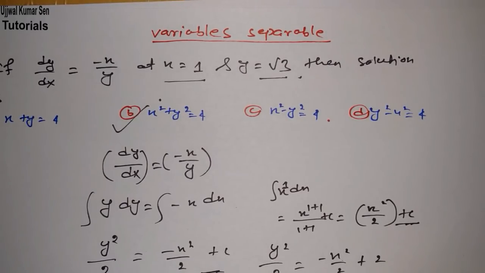If you are preparing for such an examination, you need to understand its basic concepts as well as the basic information related to it. Variable separable is a basic topic, I know that, but the most important thing is that you need to understand the in-depth concept. You have to solve more difficult types of mathematical problems, and only then will it help you get the best out of it.